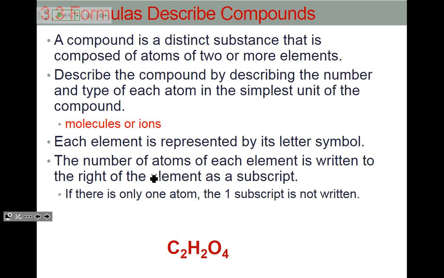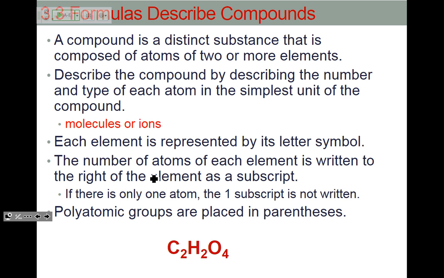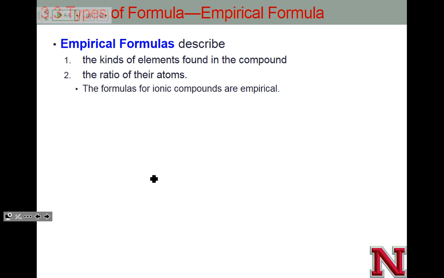But otherwise, in our subscripts, we'll show how many of each of those elements we have in that compound and those bondings. But we won't typically show the one, which is common. If there are multiple polyatomic groups, then we would put them in parentheses, and we'll look more at that in a couple of slides.